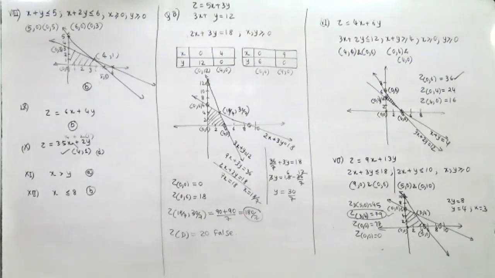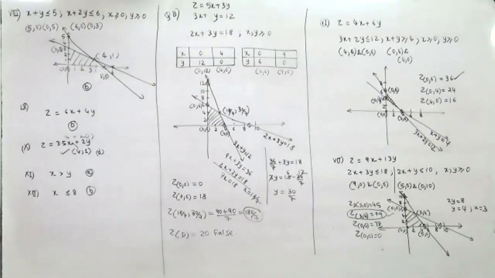I don't think I've made any calculation mistake. Have I made any calculation mistake? Oh, I multiplied by 3, yes, so 9x plus 3y equal to 36. x is 18 by 7.